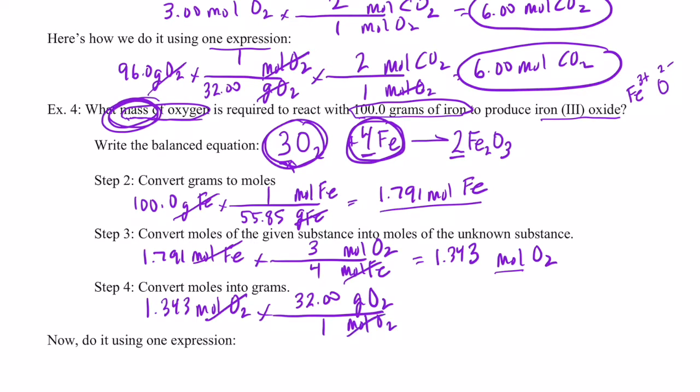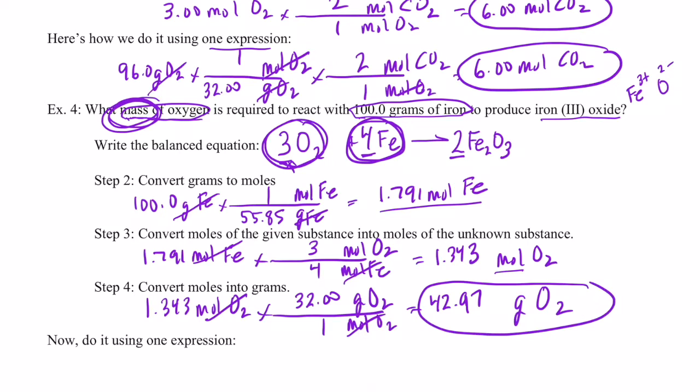So moles of oxygen are gone, and we will have the amount of oxygen required in grams for that reaction. So 1.343 times 32.00 to 4 significant figures, I get as 42.97 grams of O2.